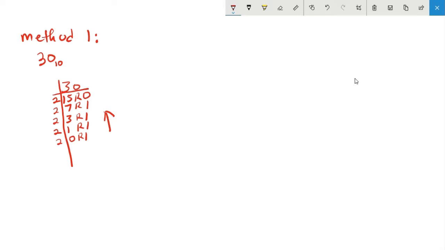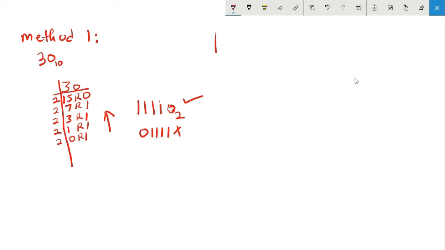Therefore the answer would be 1, 1, 1, 1, 0, with base 2, and that is our answer, and not this. People often make that mistake. Now that was method 1.